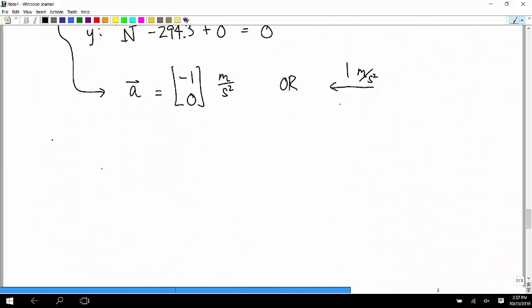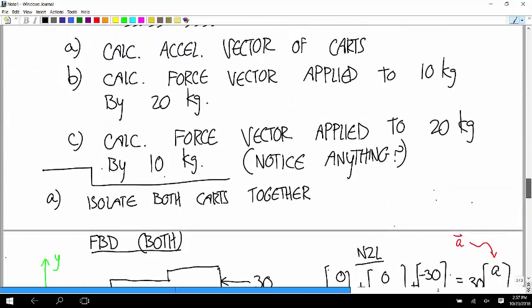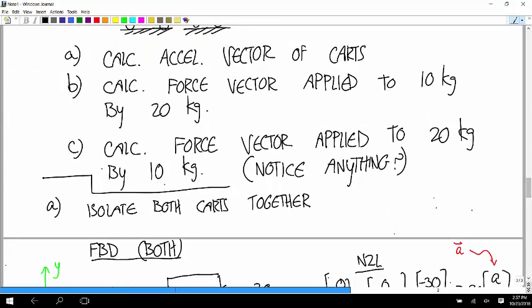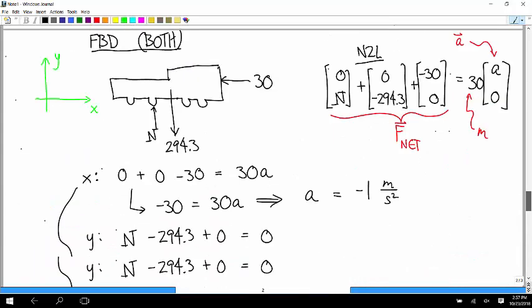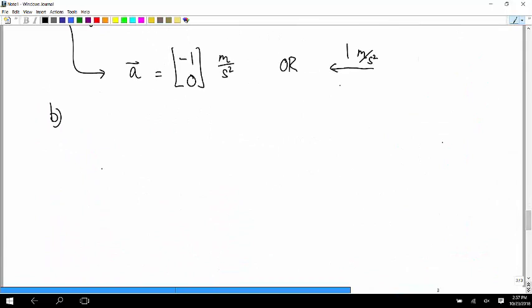Okay, so now for part B, we're trying to calculate the force on the 10 by the 20. So I'm going to isolate the 10 kilogram cart and see what forces are applied. The first thing I have to do is draw a free body diagram of the 10.